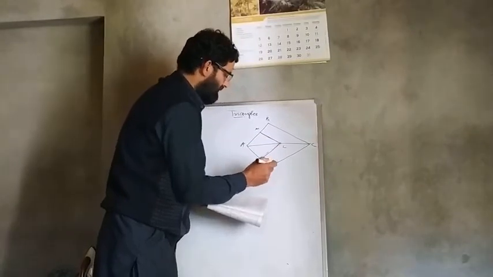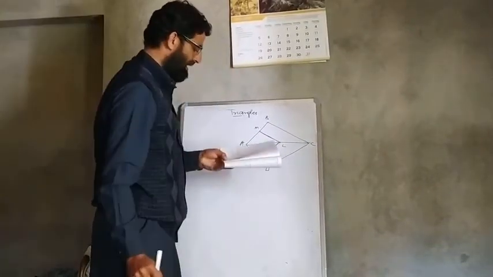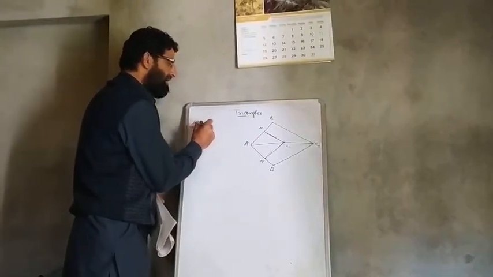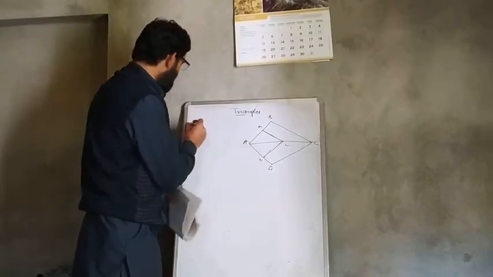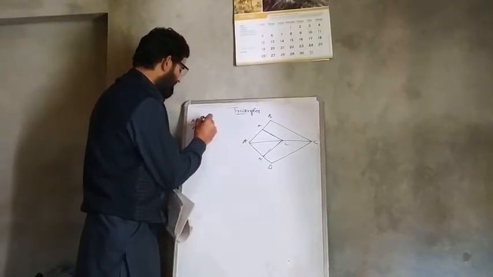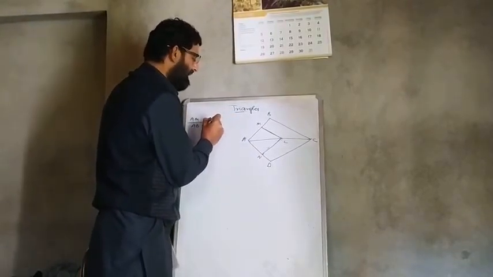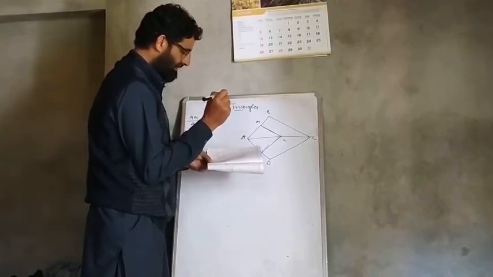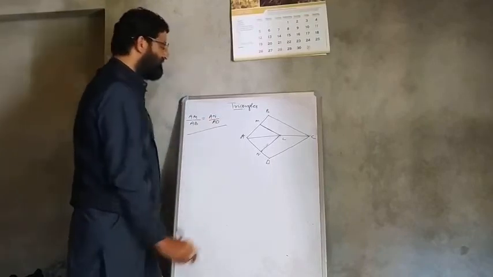This is parallel to CD. Now we have to prove that AM divided by AB is equal to AN divided by AD. This is to be proved.